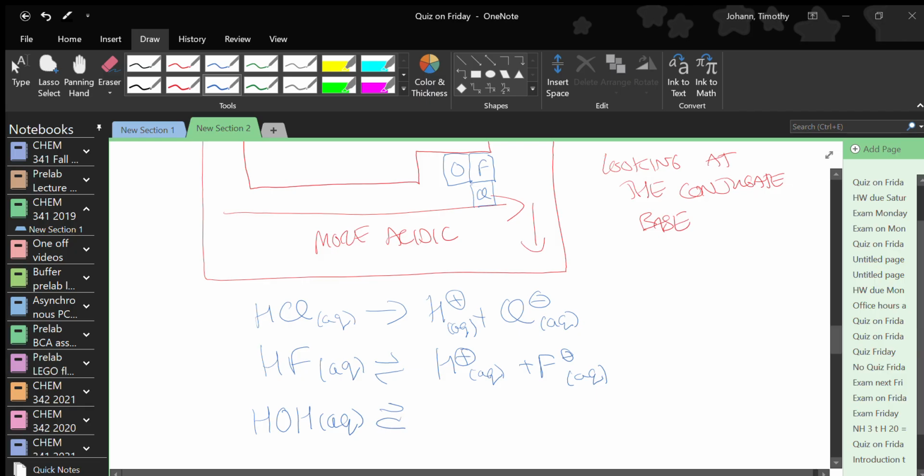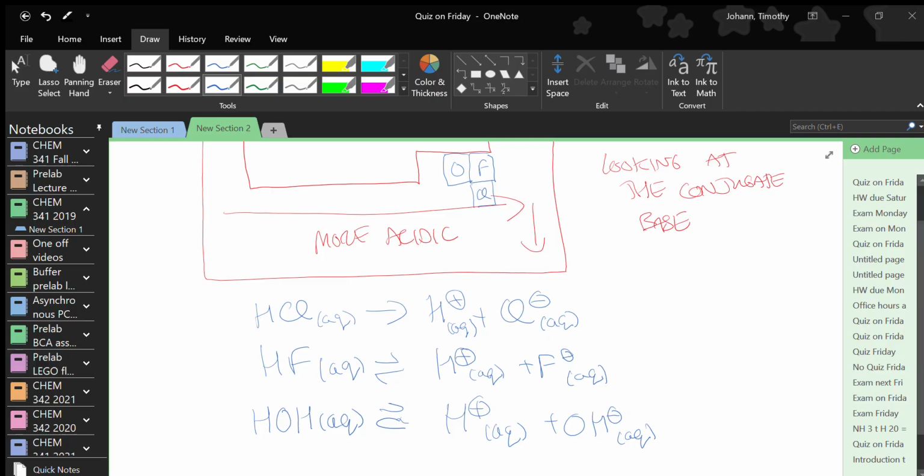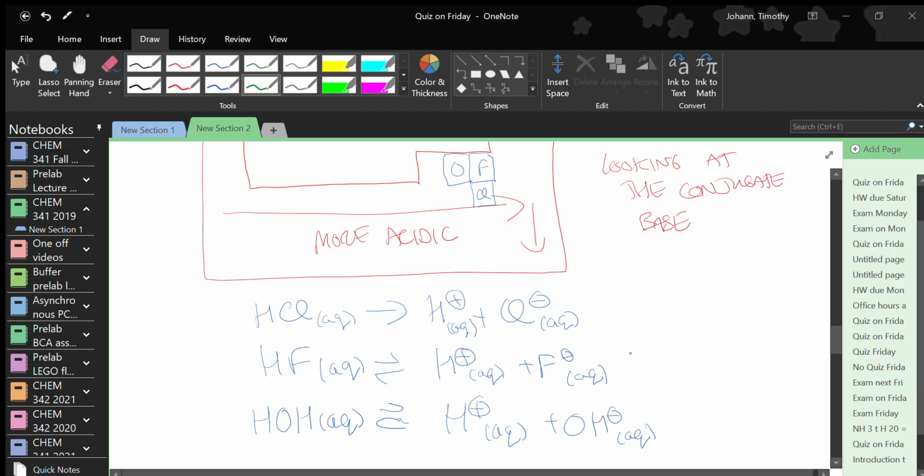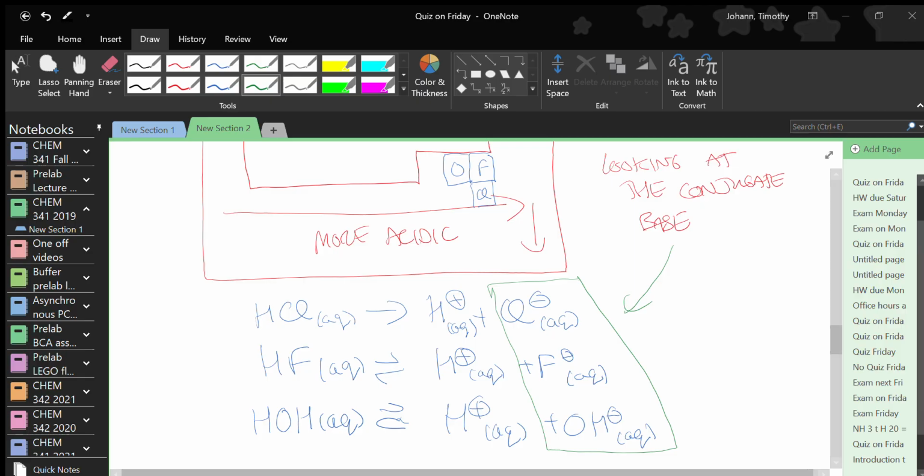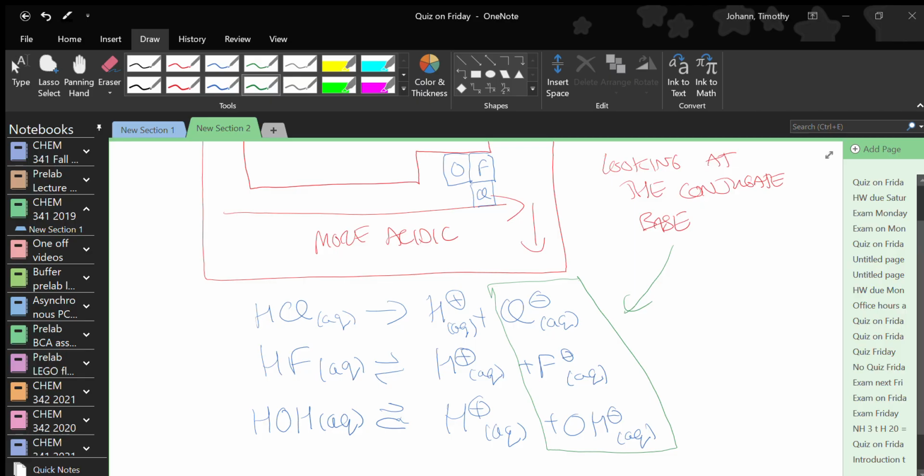All right, so HOH, which is water, but water can be an acid, and we can make H plus OH minus. Let's look at our periodic trends here. If we look at our conjugate base in each of these, here are our conjugate bases. If we're looking at our conjugate bases, as we go this way and down, things become more acidic.